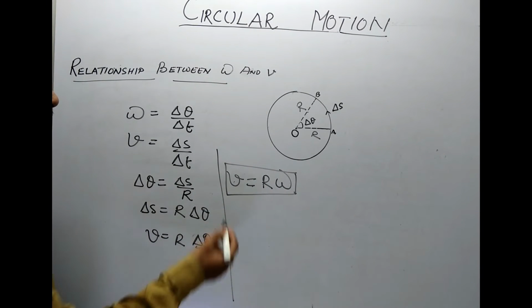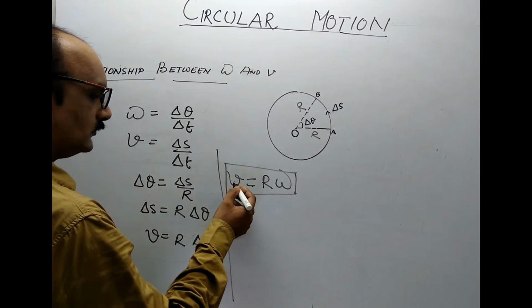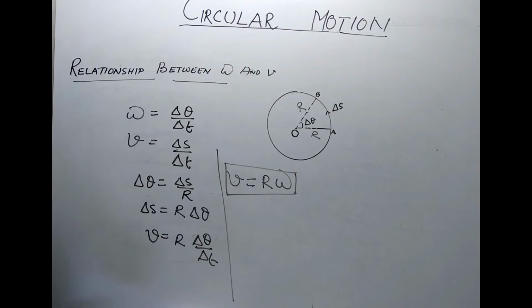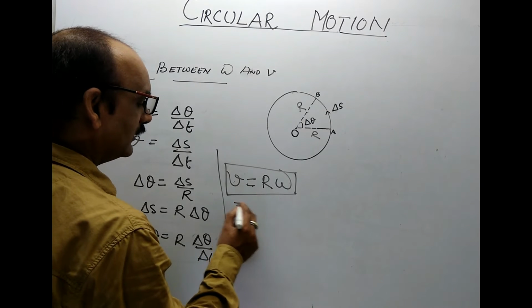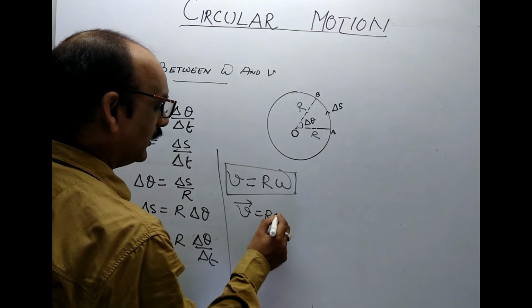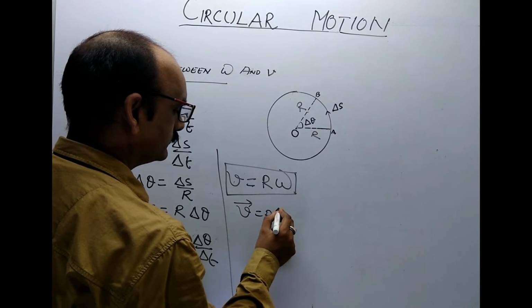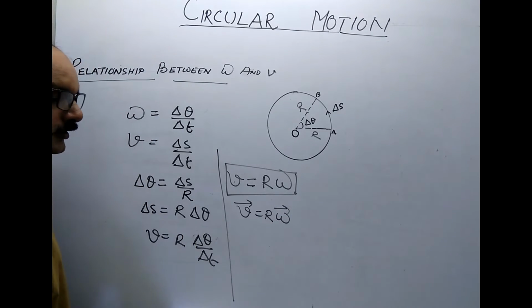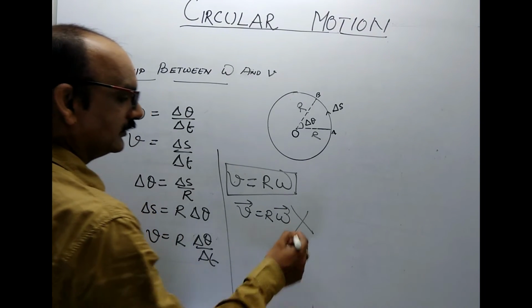Always remember, v and omega both are vector quantity, but don't write like this one, v equal to r omega. This is not correct. ये गलत है.